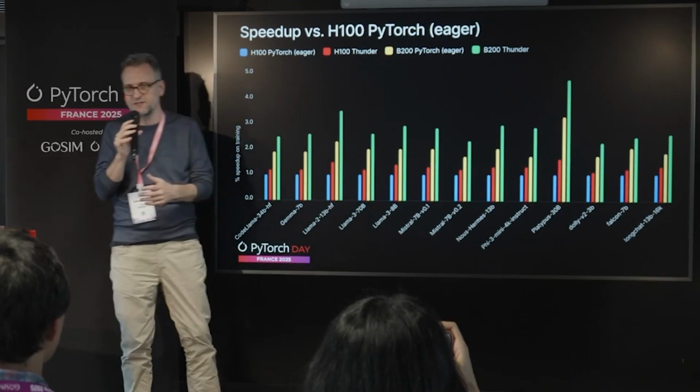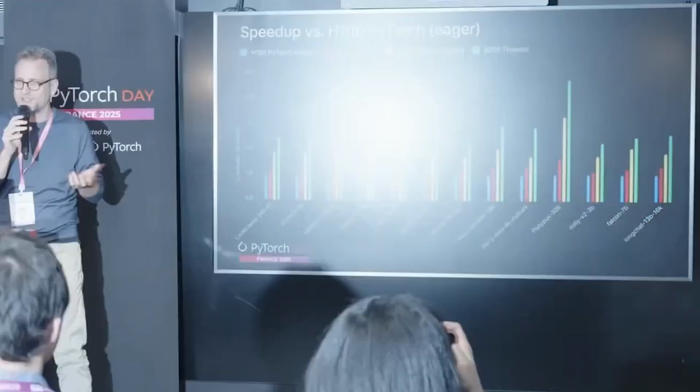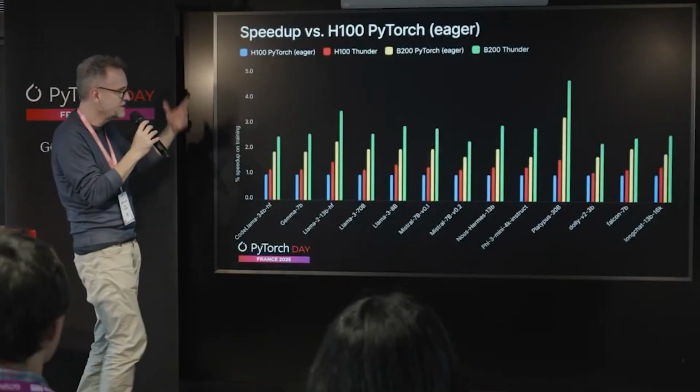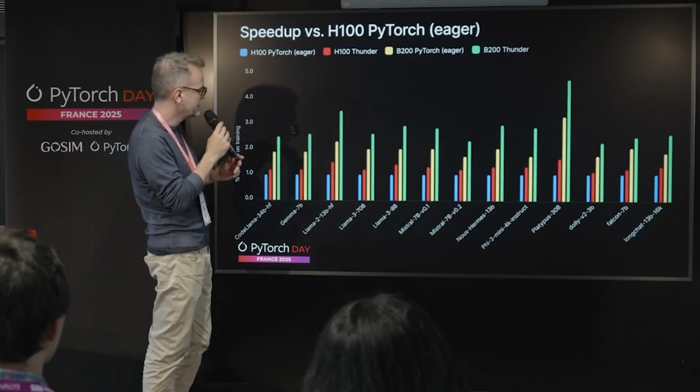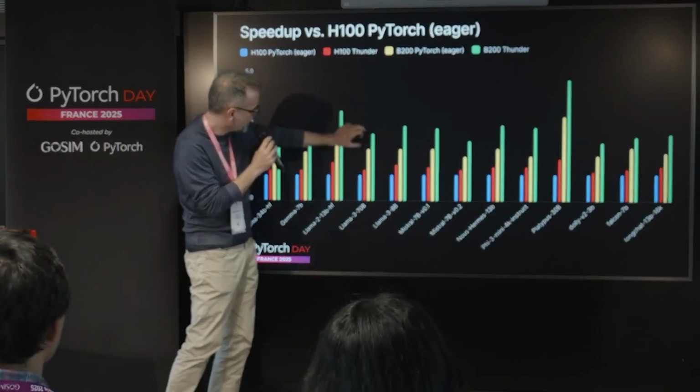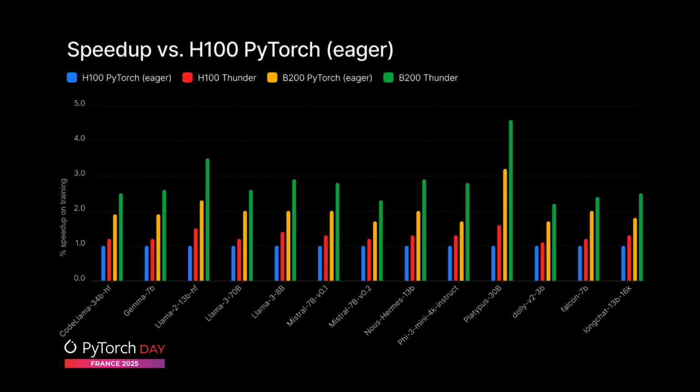And it can be optimized with not just Thunder. You can optimize it manually with other frameworks. The point is that the gap widens as you go to next generation hardware. This kind of confirms what I was telling you before. You get new GPUs, new architecture, you need to know how to squeeze that performance up. Otherwise, you're not making the most out of your money.